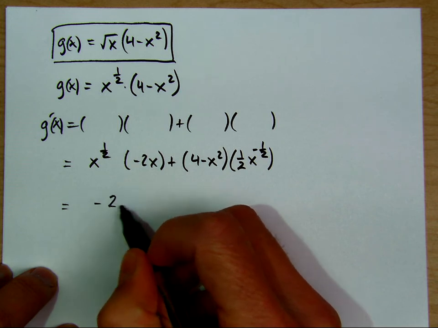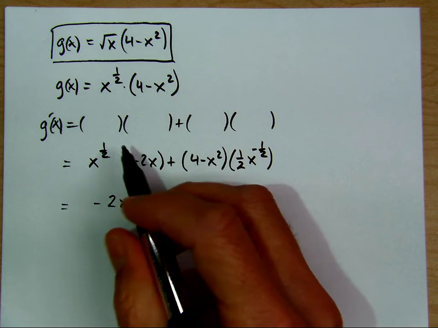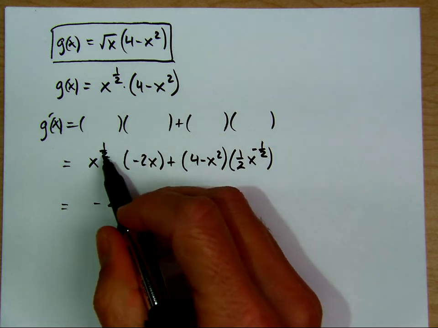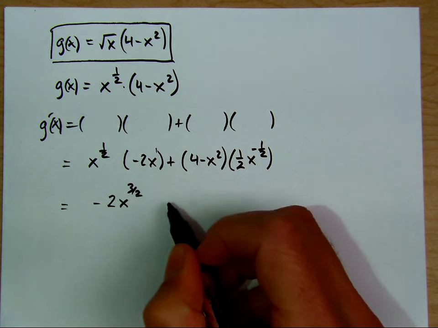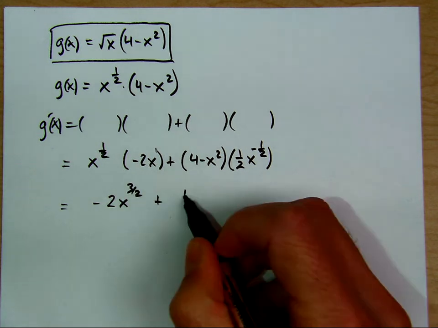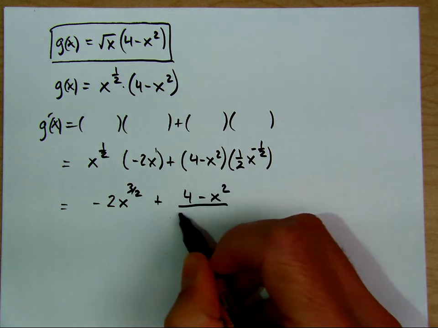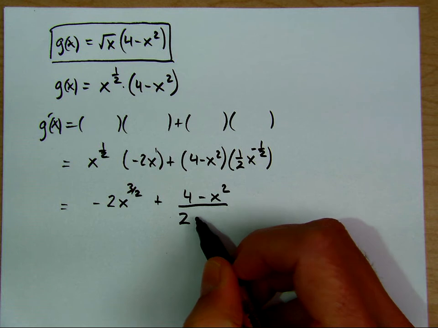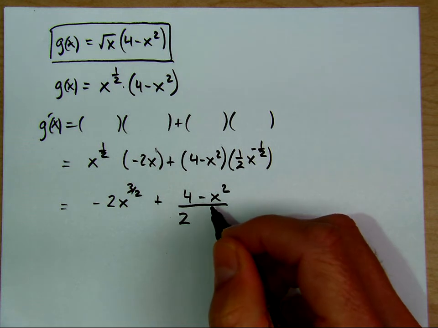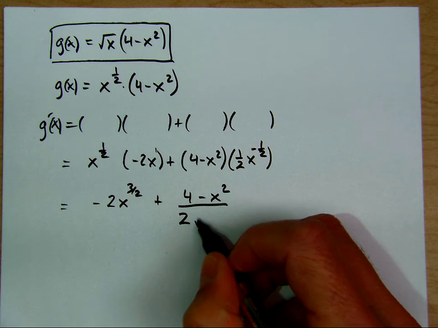Negative 2, let's write this as x to the 3/2, because there's a half and there's a 1, so we have 3/2. Let's write it as a radical x.